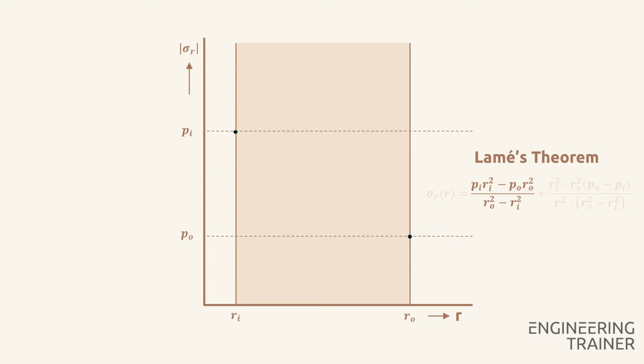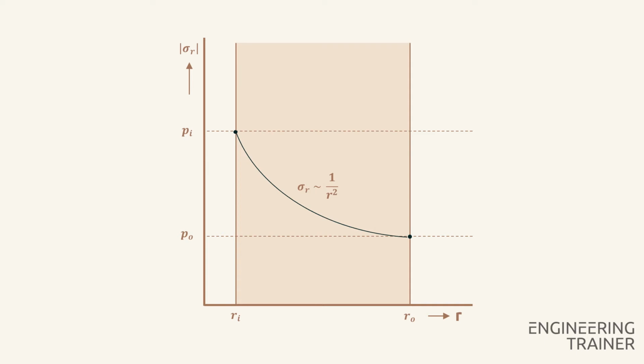The first term forms a constant for a given pipe, and the second term can be written as a constant divided by r squared. In other words, the radial stress is proportional to 1 over r squared. We see that the radial stress decays from the internal pressure value to the outside pressure value with this 1 over r squared relation.